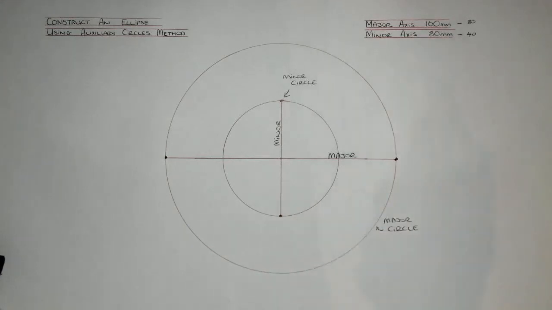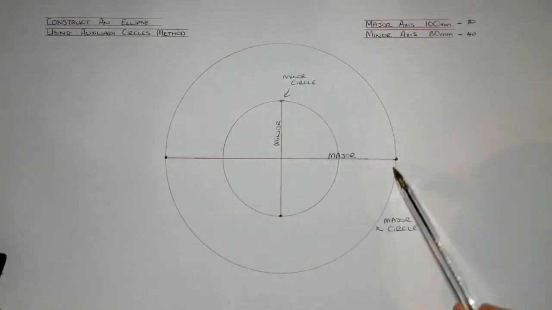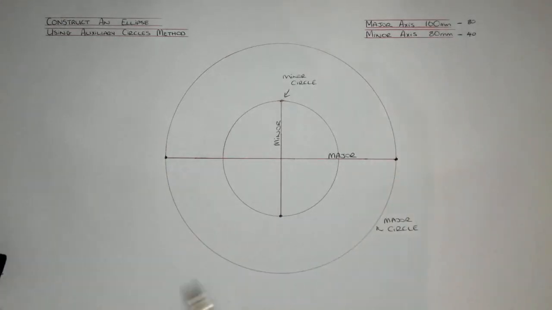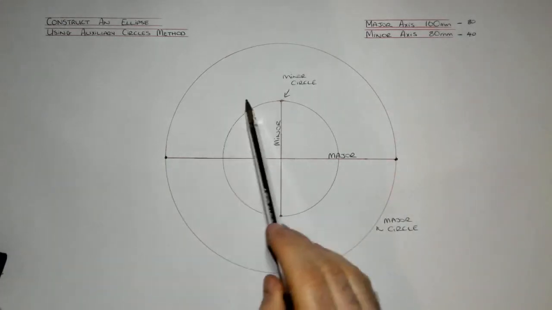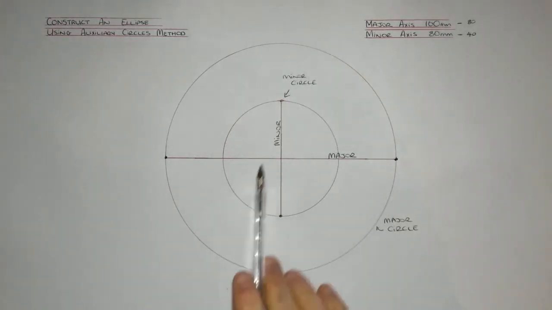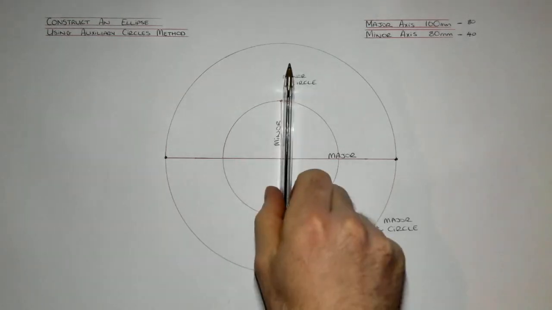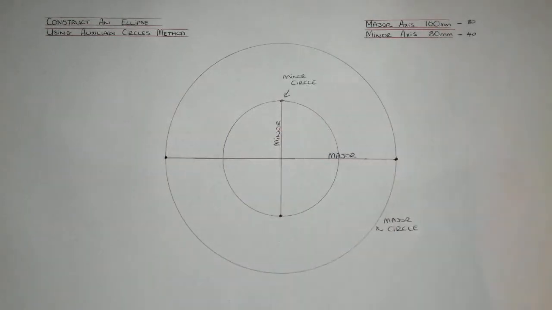Essentially our ellipse is going to take this shape, like this. What we have to do though is find points in between to be able to construct our ellipse. The direction of the minor axis is perpendicular to the direction of the major axis.